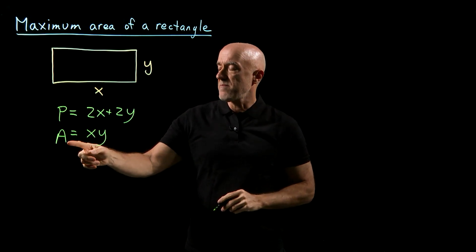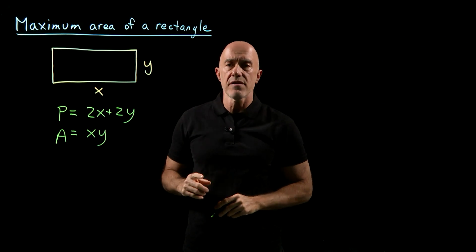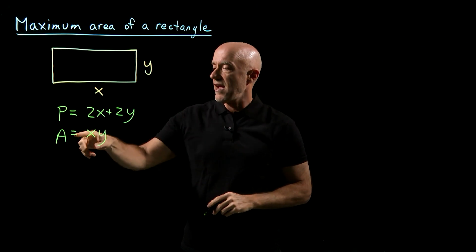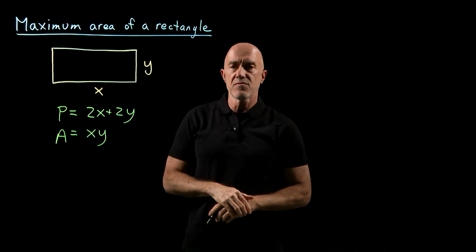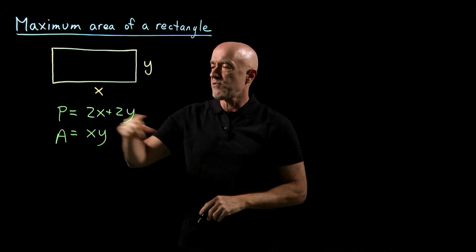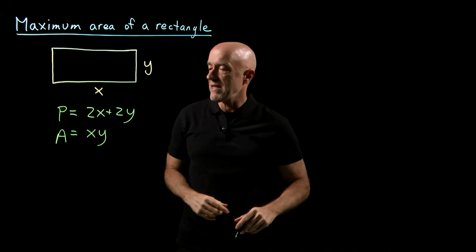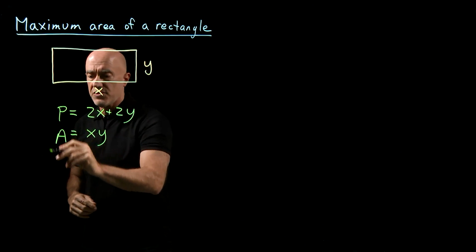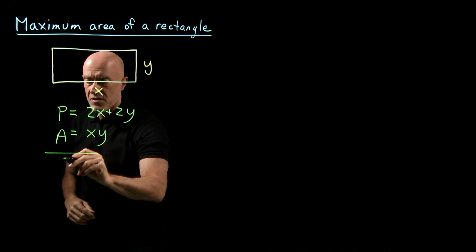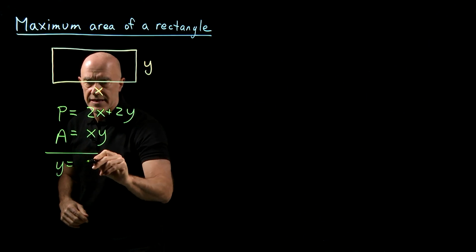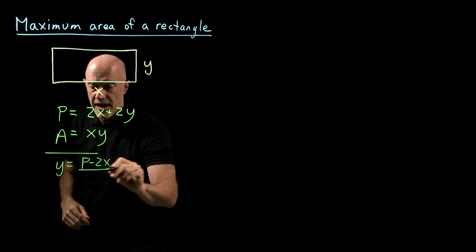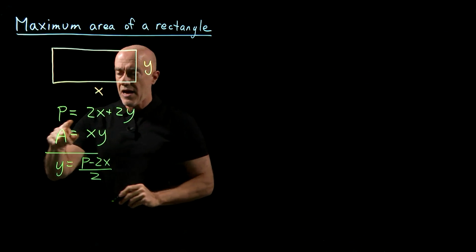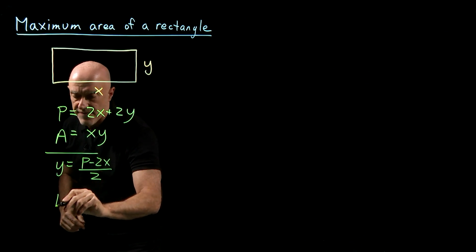So we want to find the maximum of the area with a fixed perimeter. Here we have the area as a function of two variables, x and y, but we can use the perimeter equation to eliminate y. So if we use the perimeter equation, we get y is equal to (p minus 2x) divided by 2, and we substitute into the area formula.